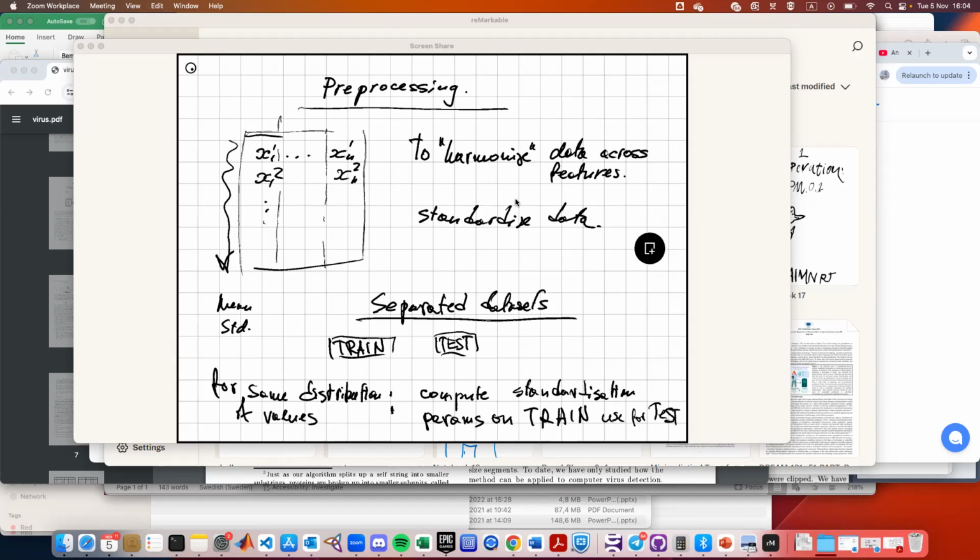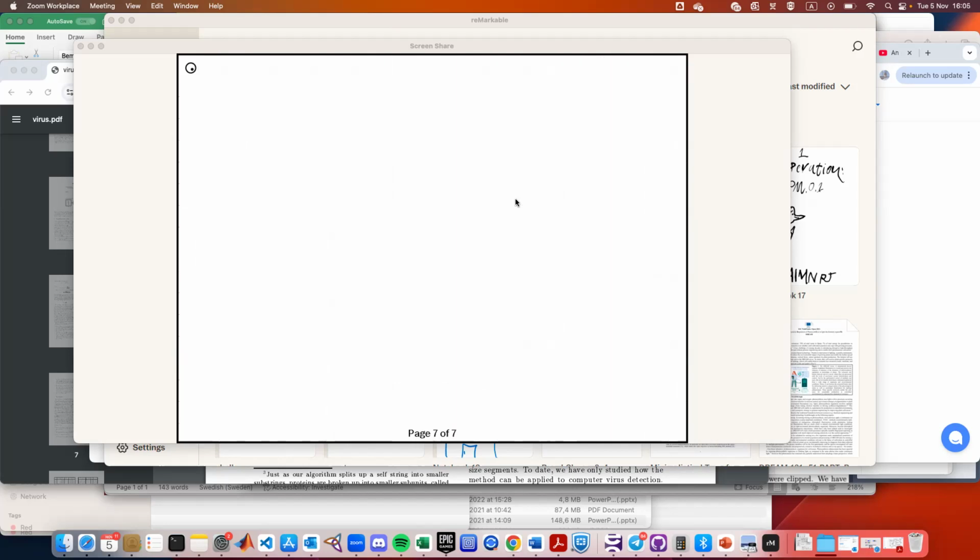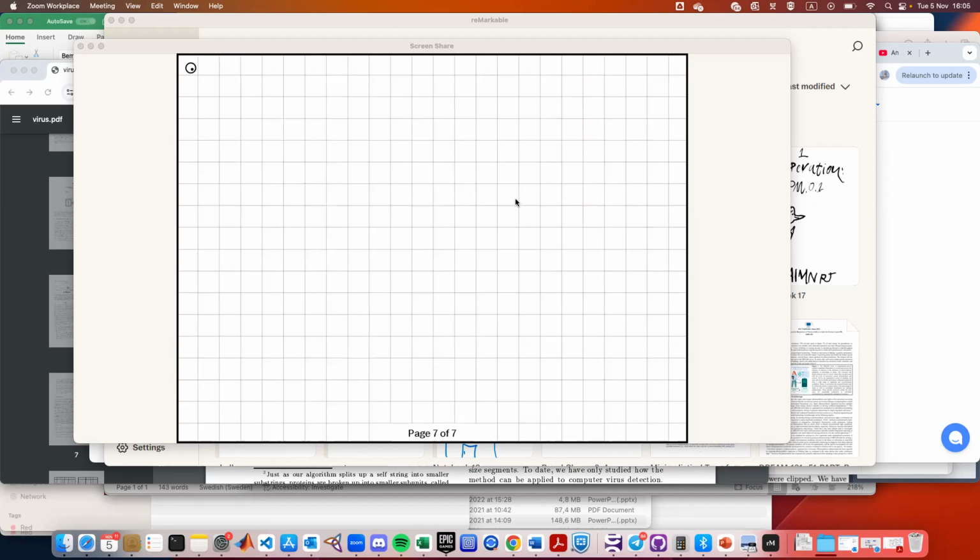Yes. Final thing, which completes the picture about the amount of work that it requires for actually systematic evaluation.